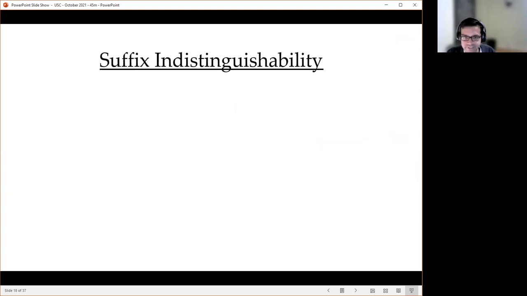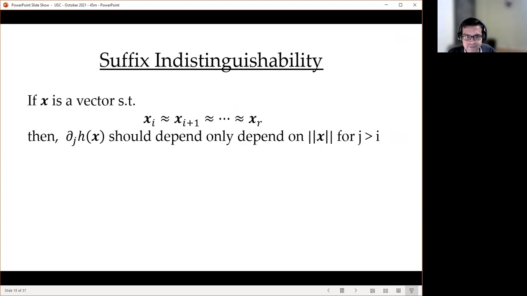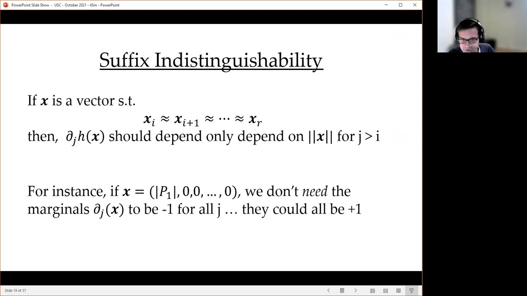So the way out of it, and this is what I will try to impress, is that what we really need is that if a vector is balanced, then the marginals should be the same for every j which is bigger than i.